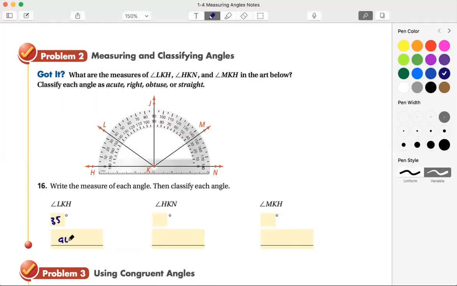So therefore, this is an acute angle. HKN goes straight across, so it's 180 degrees. It's a straight angle. And MKH looks to be about 145 degrees. So that is an obtuse angle. And that's how you would use a protractor to measure angles as well.